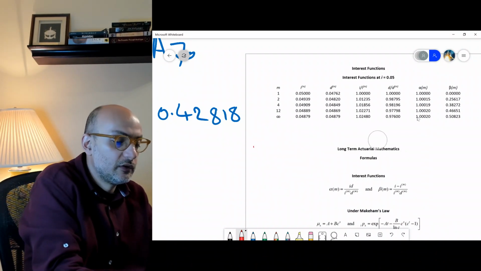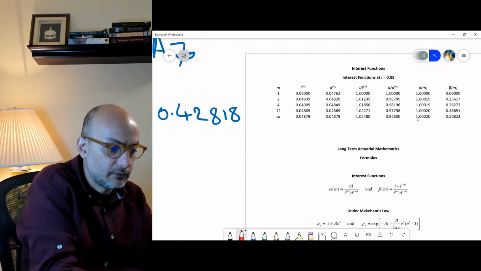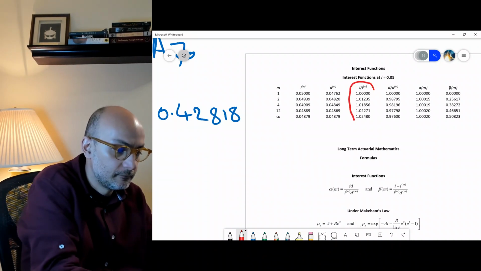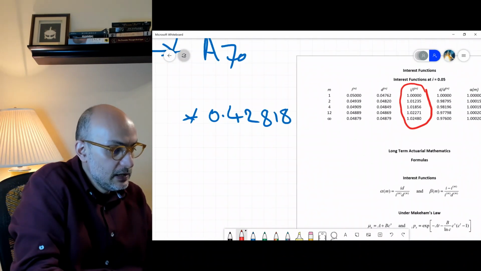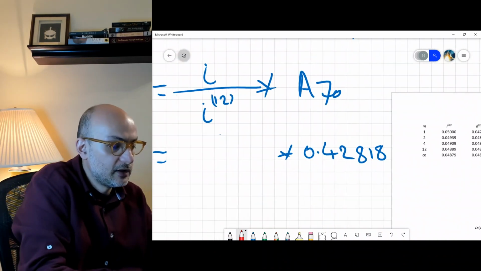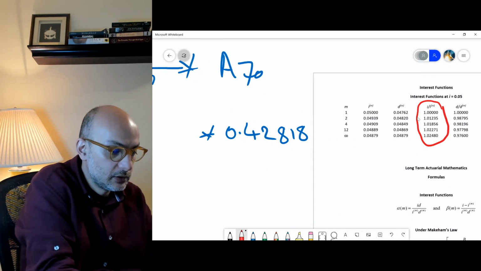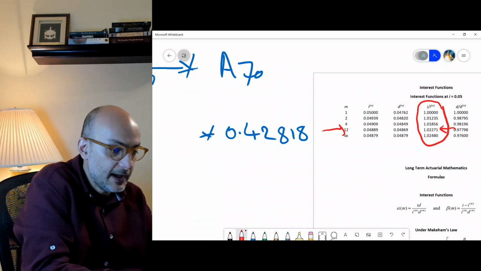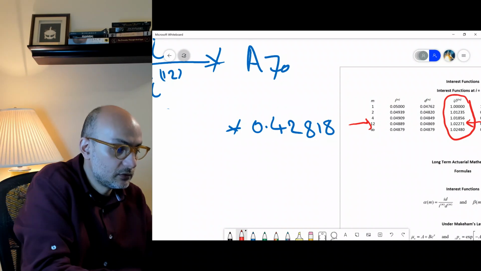This factor is very important. Forget about the things that we haven't covered yet, but let's look at this one here. So i over i^(12), if you compute it, is going to give you the same answer. Looking at i^(12), the factor you need to look at is 1.0271.